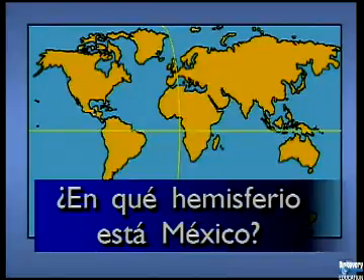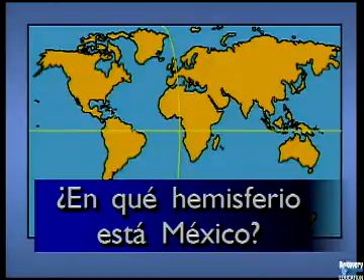So, aquí está México. You can answer, está en el hemisferio norte, because it's north of the equator. But you can also see, está en el hemisferio occidental. So it's actually two.